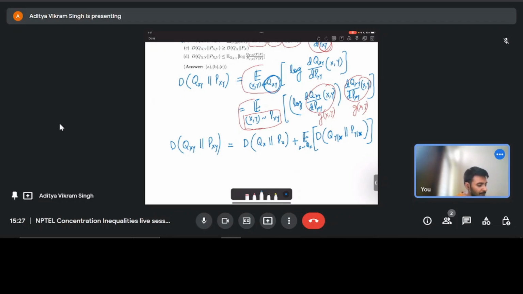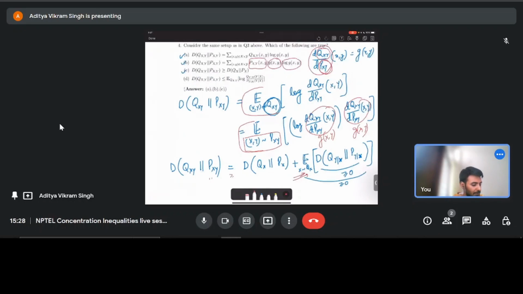So this is a quantity greater than or equal to 0 for every fixed x, and so the expected value would also be greater than or equal to 0. Which means option C is correct: since the second term is greater than or equal to 0, if you drop it, you will have that D(q(x,y) || p(x,y)) is greater than or equal to D(q(x) || p(x)).